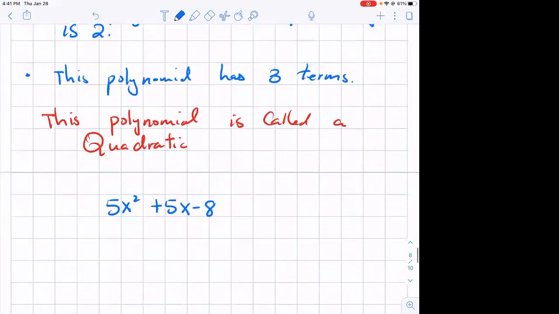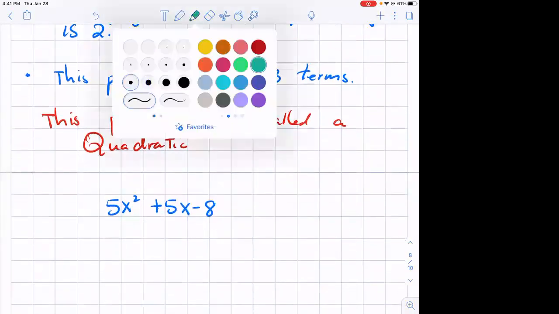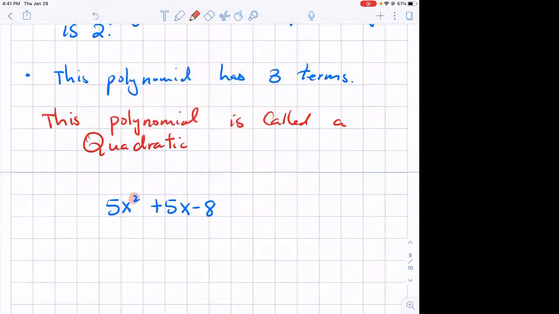The only reason it's called quadratic, class, is because of the highest power of 2, followed by a power of 1, followed by a power of 0, because here it's really x to the 0. So for a quadratic, the highest power must be 2, and only 2.